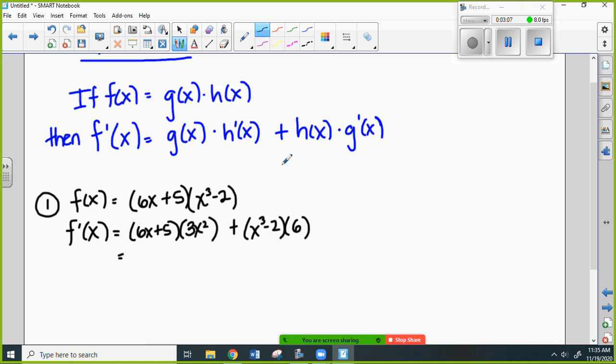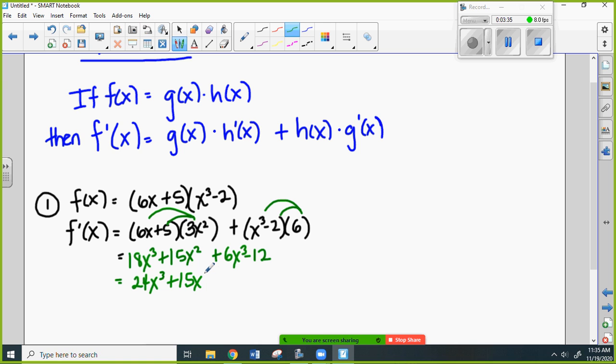For this one, we're going to distribute the 3x squared, and then we have a plus, and then we want to distribute the 6 because we probably have some like terms that we can add together. And that's it. That's the answer.